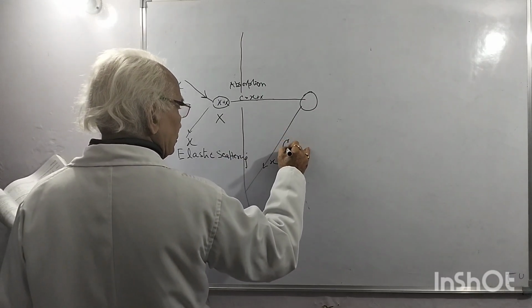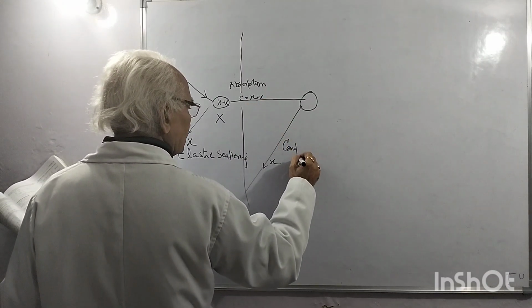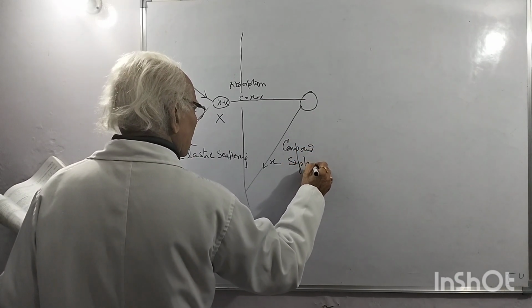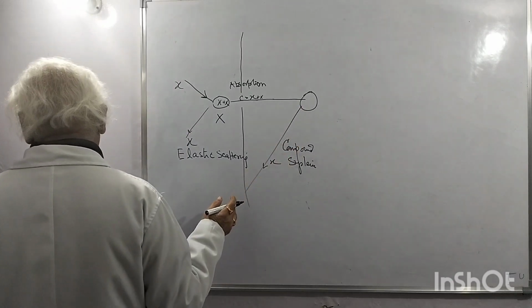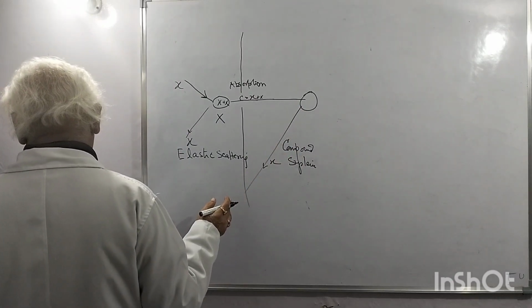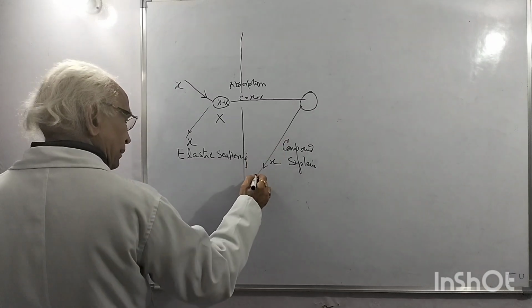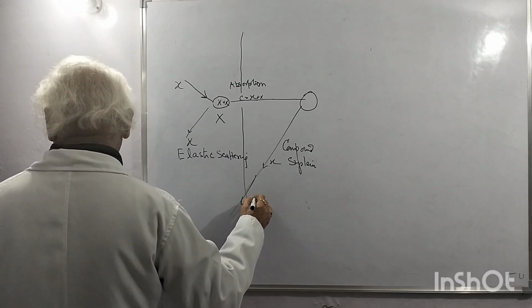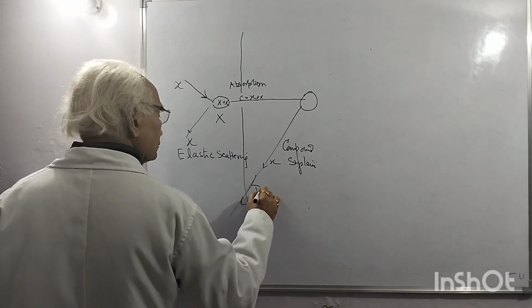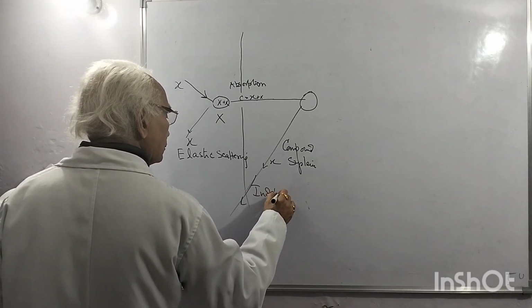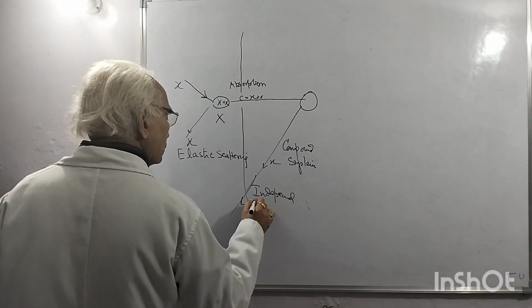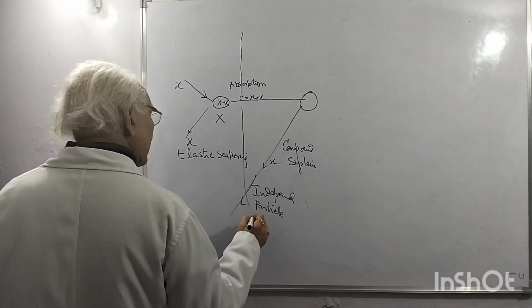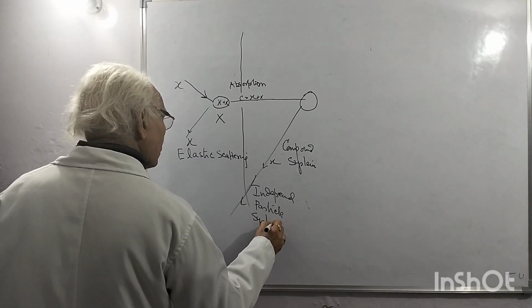This is the compound system, X plus X. Here X comes out, decay is coming out, so this is called independent particle system.